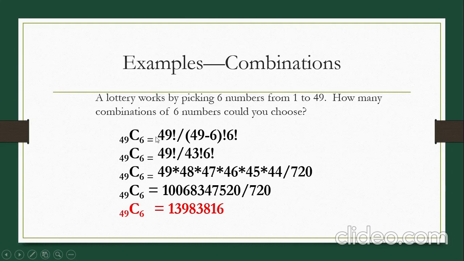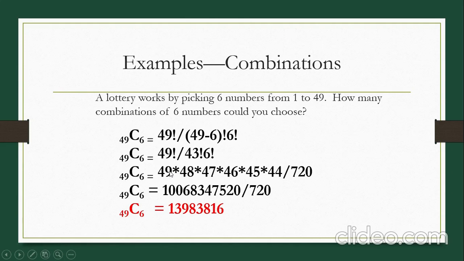To solve, you have 49 factorial divided by the quantity of 49 minus 6 factorial multiplied by 6 factorial. So, that is equal to 49 factorial divided by 49 minus 6, that is 43 factorial, times 6 factorial. To continue, you have 43 factorial in the denominator, so we can cancel it with the 43 factorial of the numerator.